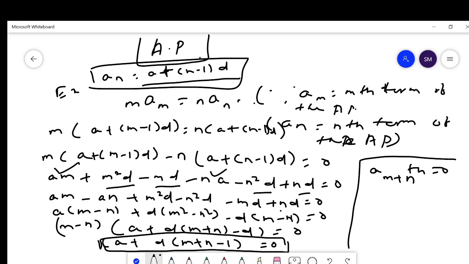Hence we proved. Here the question is given: if m times the mth term is equal to n times the nth term, then we have to prove that the m plus nth term is equal to 0. Hence we proved the m plus nth term is equal to 0.